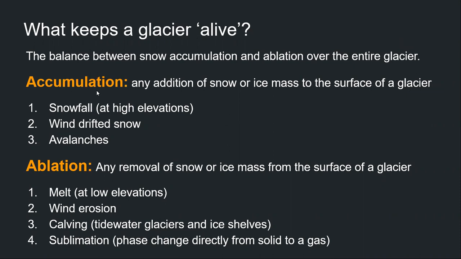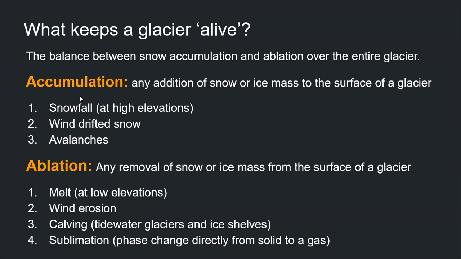And those processes are called accumulation, so any addition of snow or ice onto the surface of the glacier, or ablation, which is the removal of snow or ice from the surface of the glacier. Accumulation can have 3 different processes.